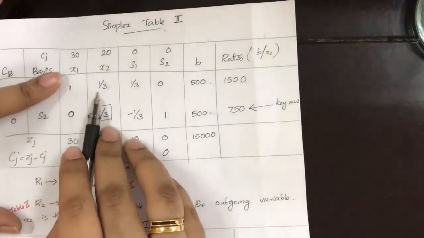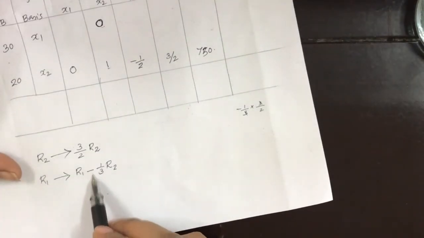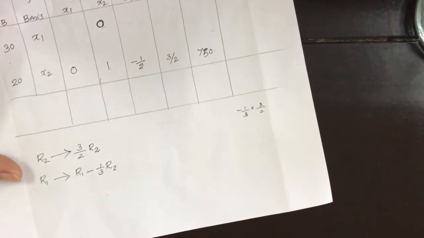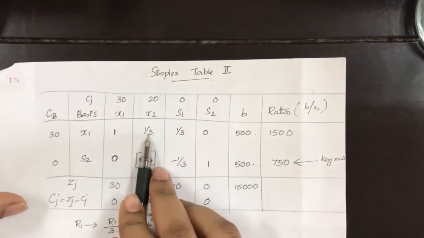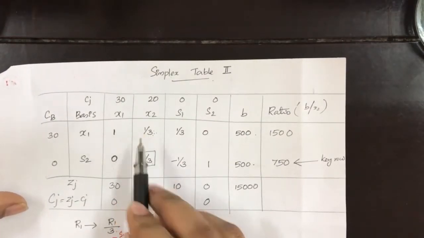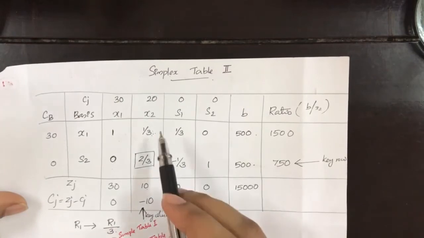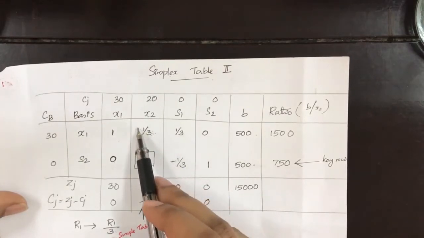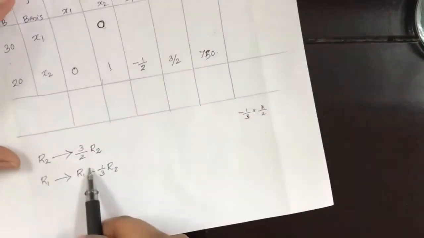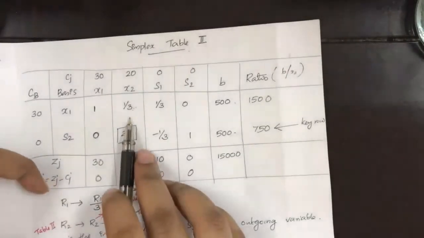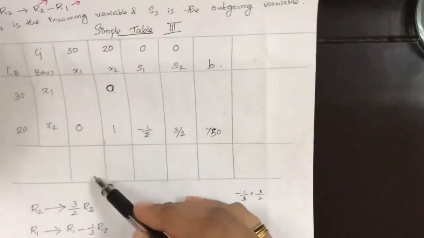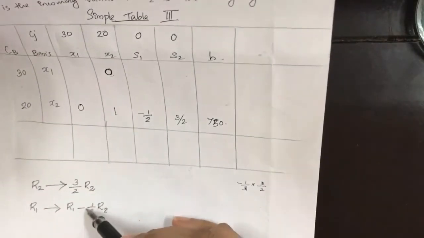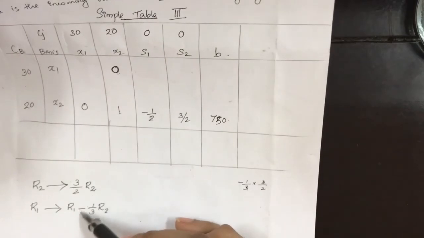If it is a negative, add it to the existing R1. If it was minus 1 by 2, we need to multiply the new R2 with 1 by 2. Since it is minus, we need to add. If it is 1 by 3, we just multiply 1 by 3 with new R2 and subtract. If it is minus 1 by 3, we need to add.